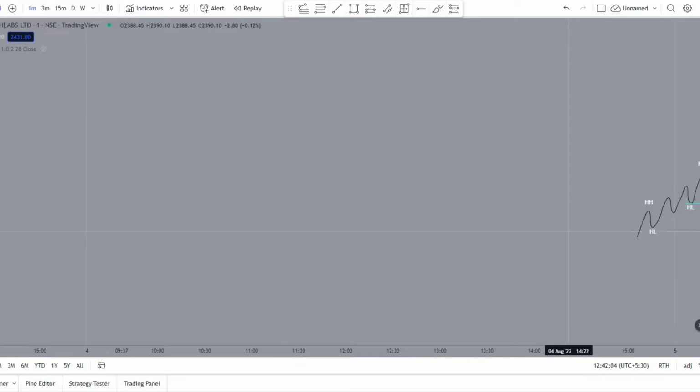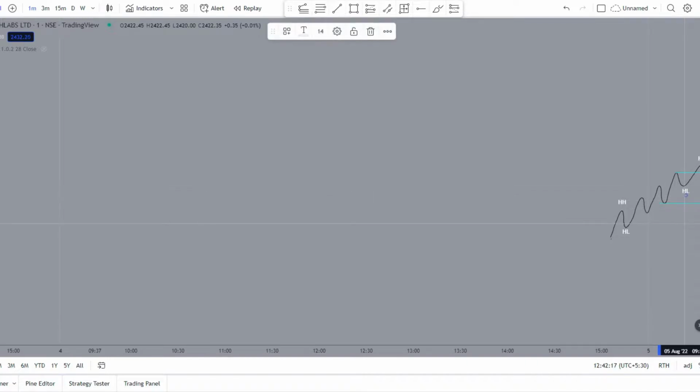So what do we expect? We still expect that it should break the previous high. Right now, our higher high has changed, our higher low has changed, our swing has changed from here to here. What do we expect next?